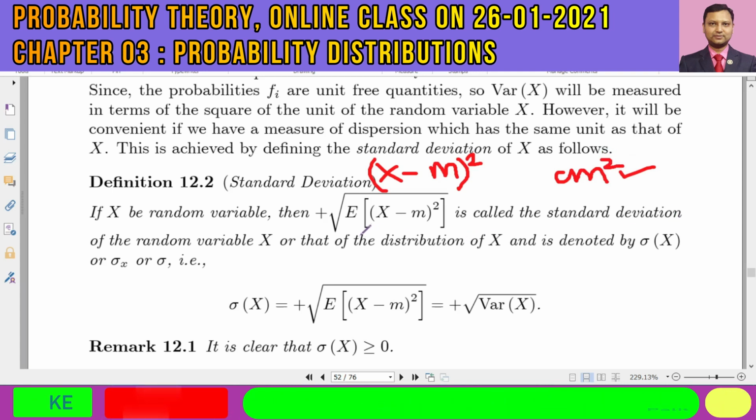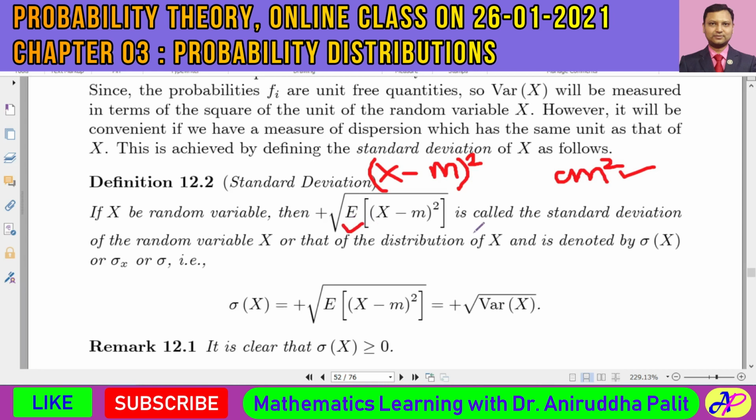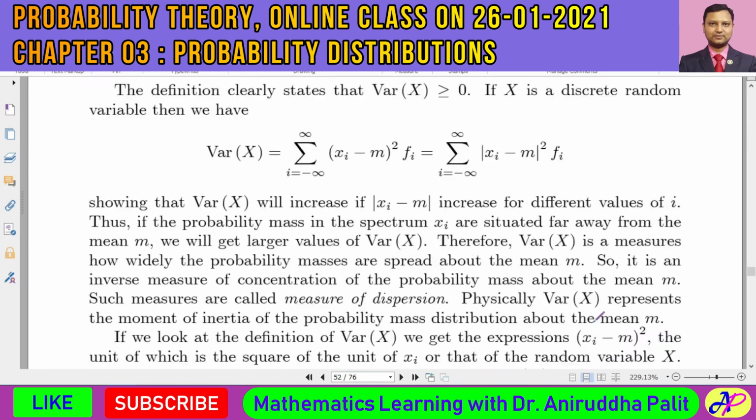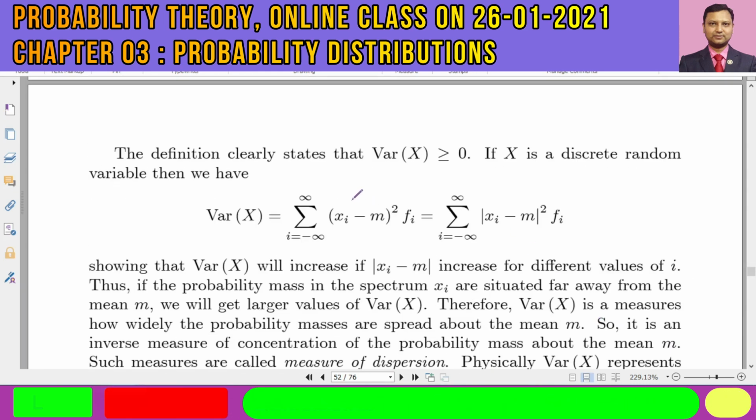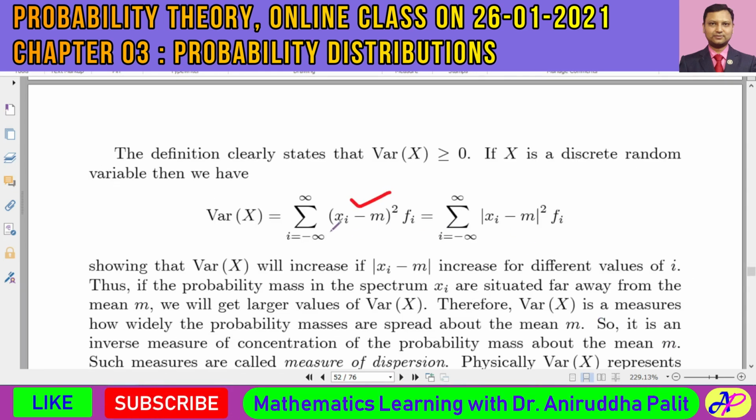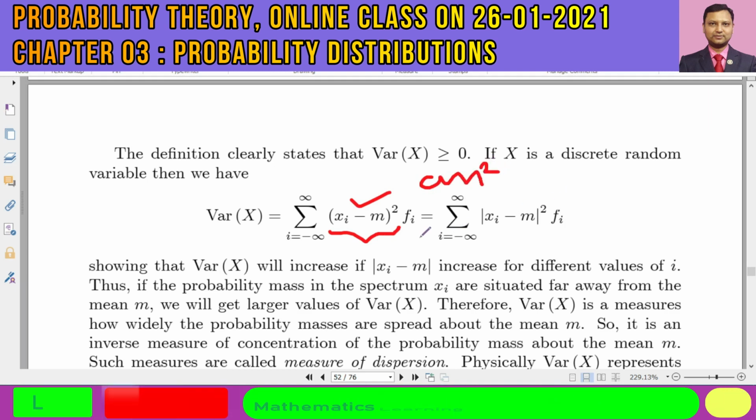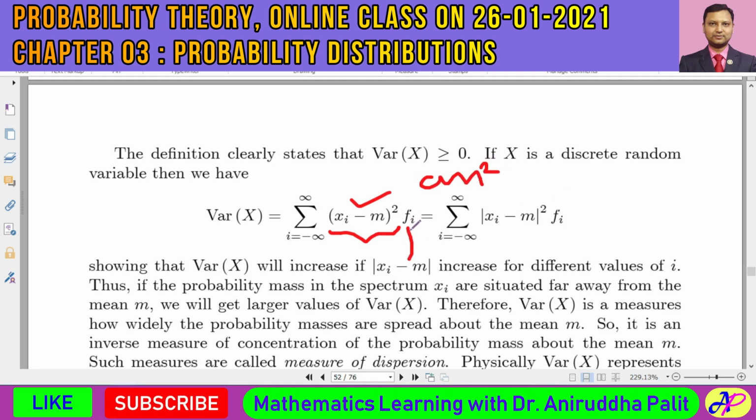So in this expectation of x minus m whole square, this expression has the unit centimeter square. And what is probability? Probability does not have any unit.